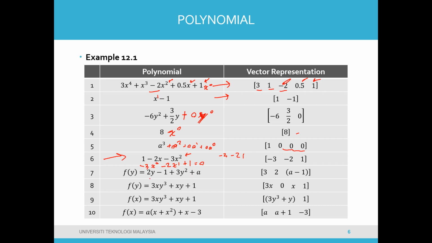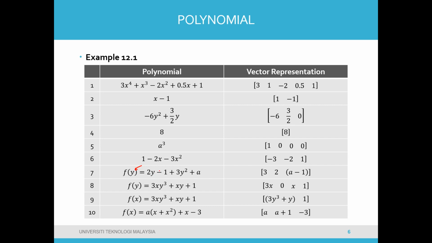And this is another example. This is considered as a function. Of course, you have to rearrange everything. Let me clear this first. You can see here, this is y, because this is the function of y.